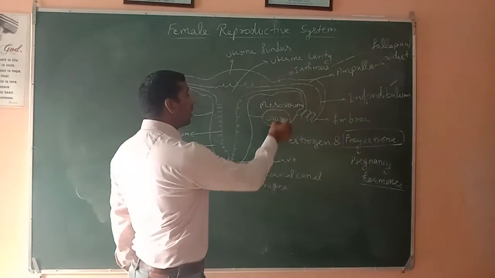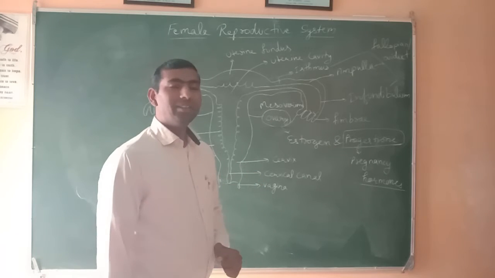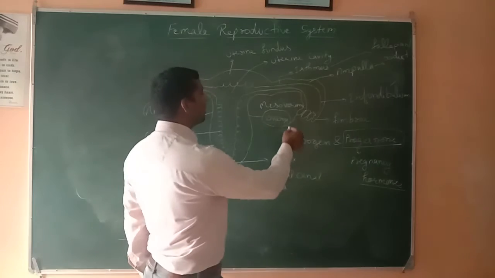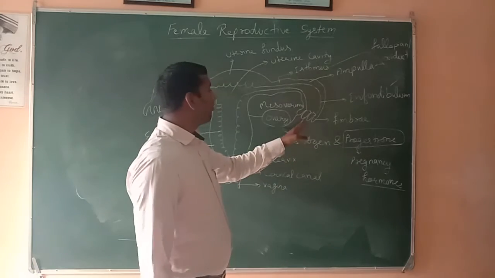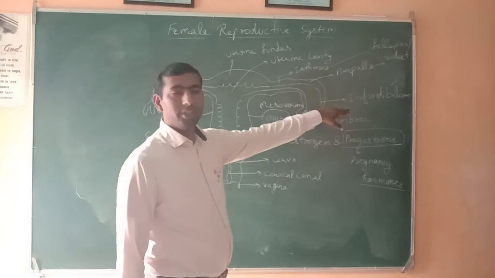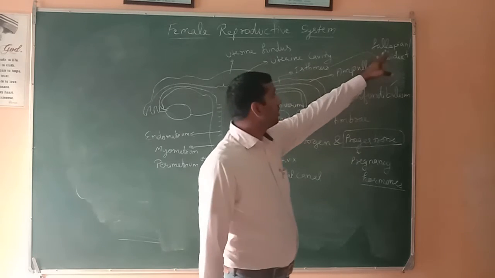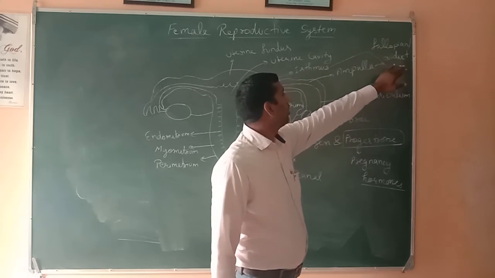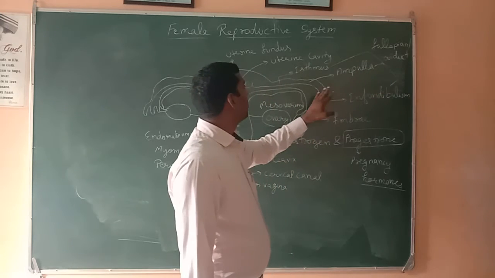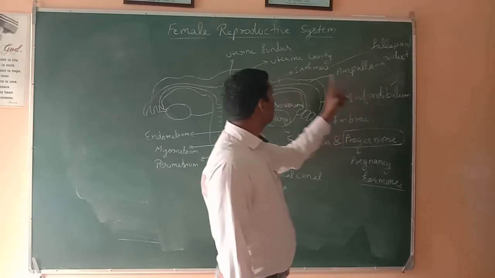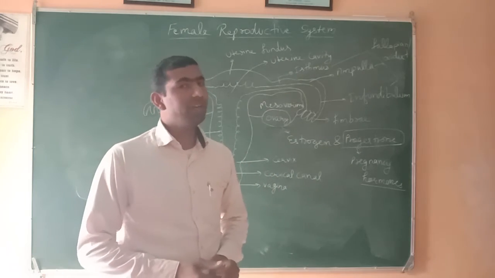So, this ovary releases the female gamete, that is the ovum, and this is received by the fimbriae. This is the finger-like projection of the infundibulum. Fallopian tube. The fallopian tube is about 15 centimeters long and it has mainly three parts: isthmus, ampulla and infundibulum.